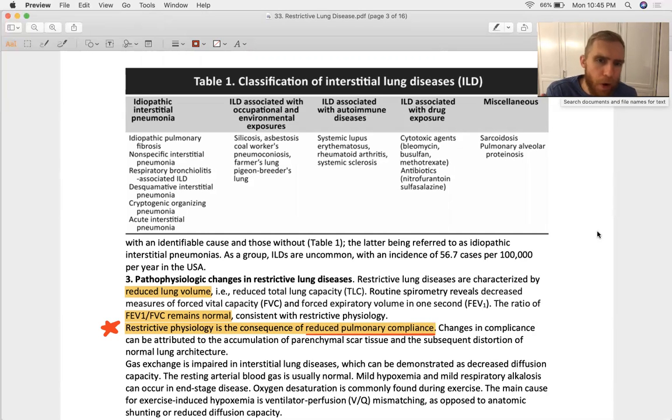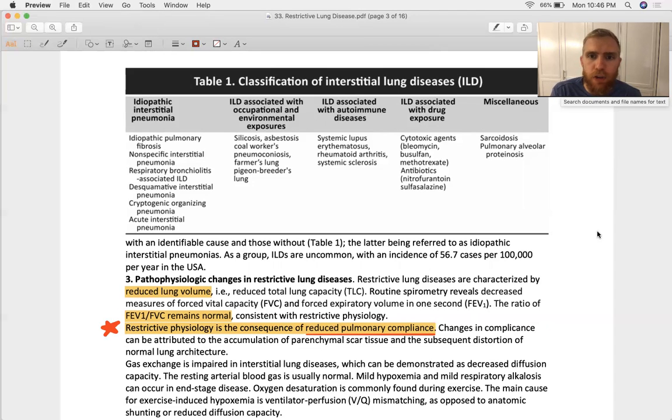It can be very often due to pneumoconiosis, which is typically an inhalation of dust, and then it can be due to a hypersensitivity pneumonitis as well. That's going to be when you inhale something that causes your body to have a reaction against its own cells, such as maybe certain fungi can do that.